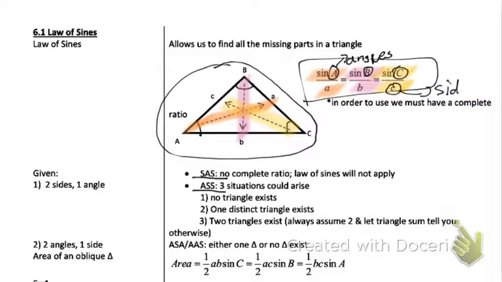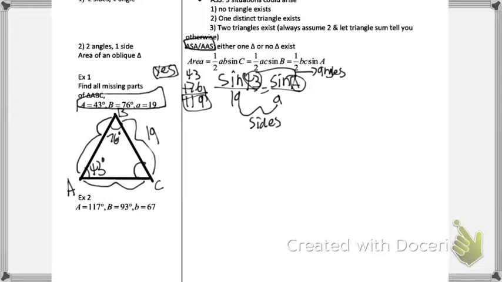So you always put angle over side, and it should equal the given information. We know sine 43 over 19 is the given information, but we need to know other parts like angle C, side c, and so on.